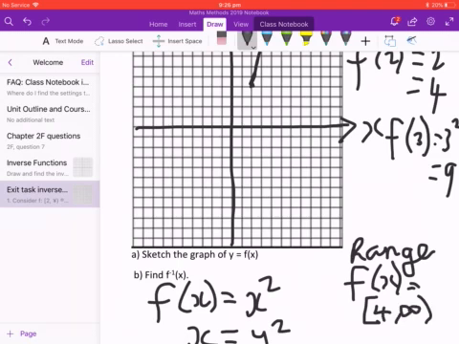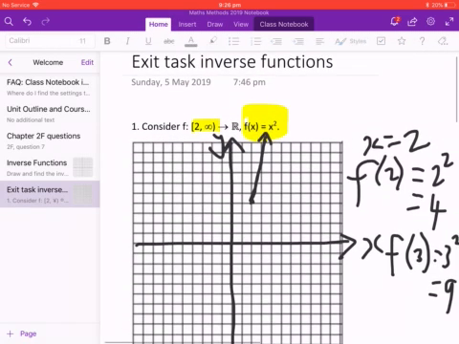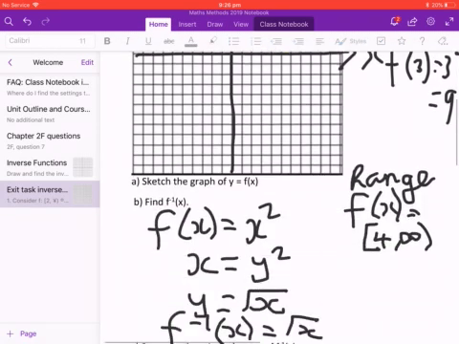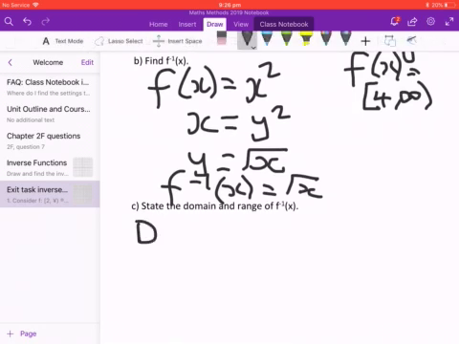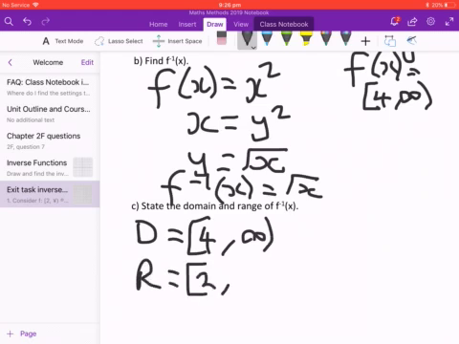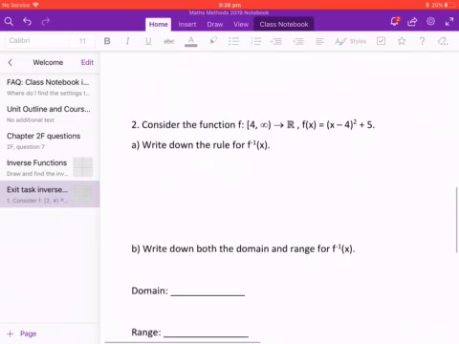Yeah. So we have the domain as 2 to infinity and the range is that. So the domain of f to the power of -1 is 4 to infinity, and the range is 2 to infinity. Quite easily done.